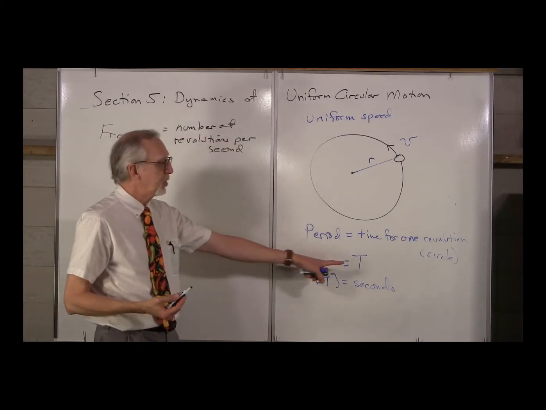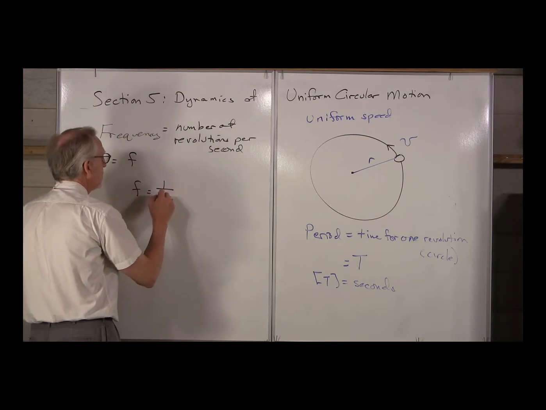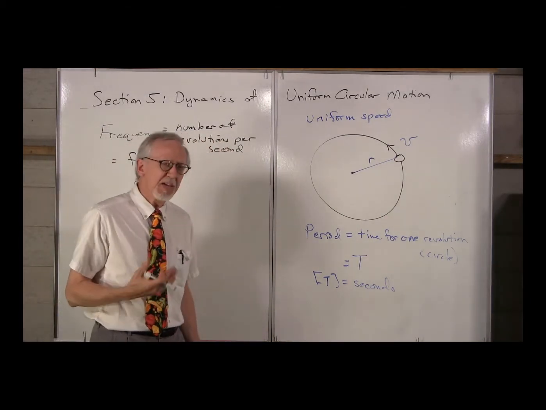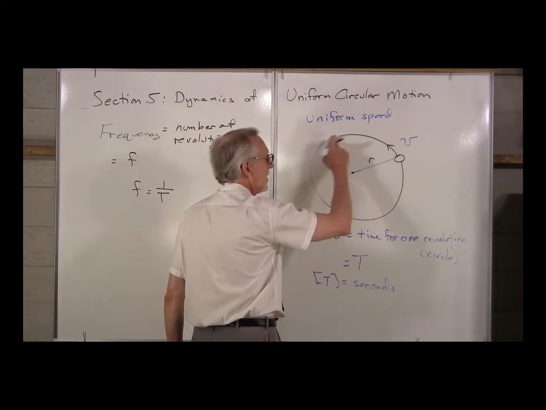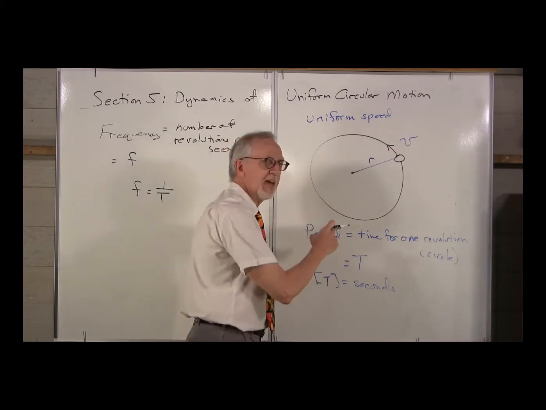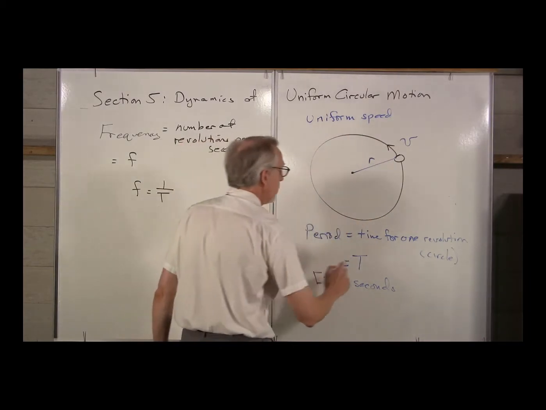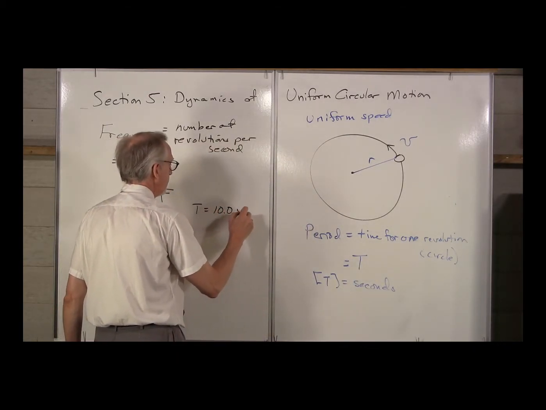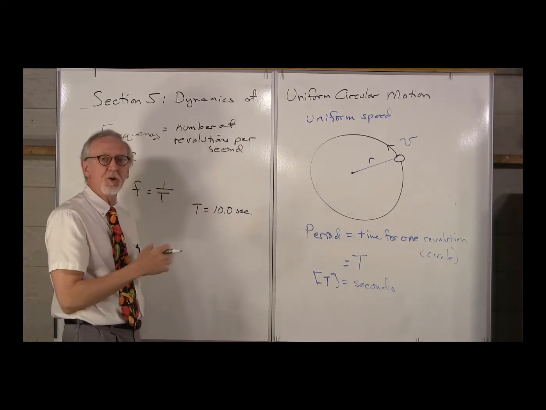The relationship between the period and the frequency is a very simple one. The frequency is equal to 1 over the period. We can see that if we imagine an object undergoing motion that takes 10 seconds to go all the way around. So let's say that T is 10 seconds. How many revolutions per second does it make?